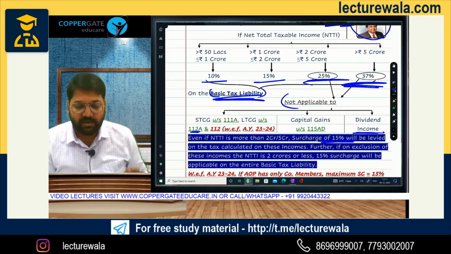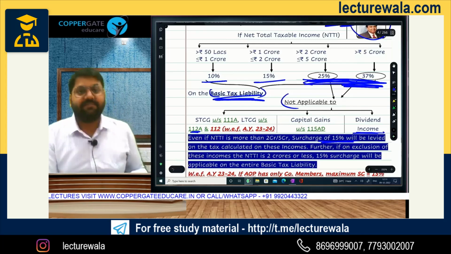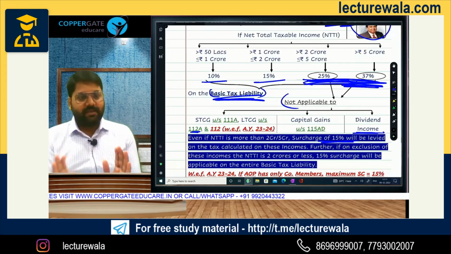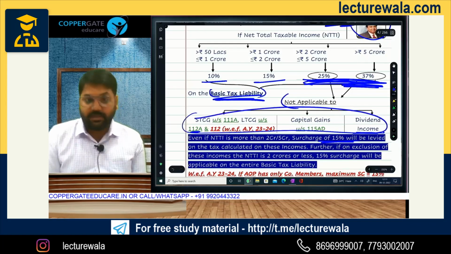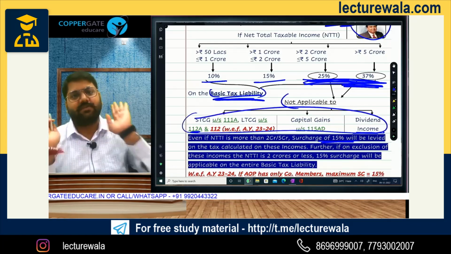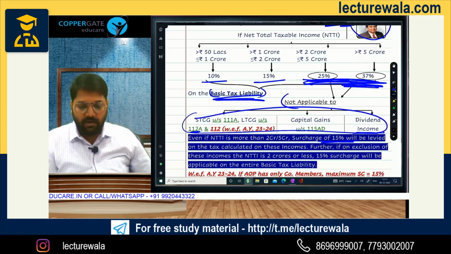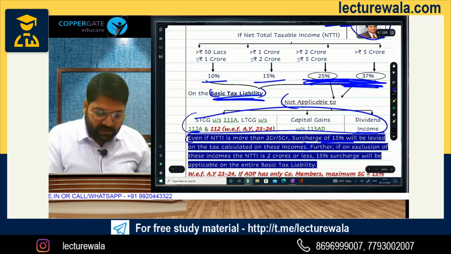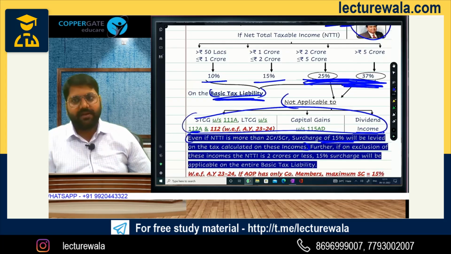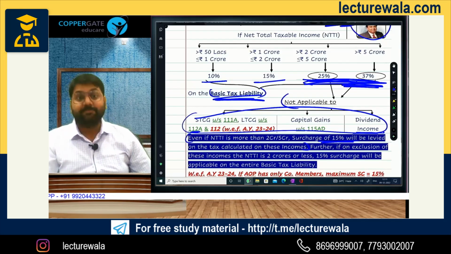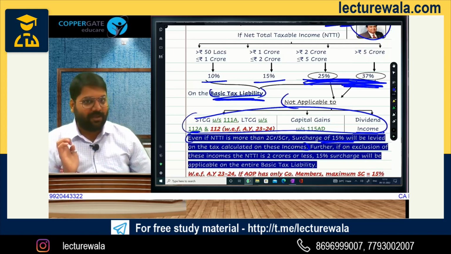That is very easy to understand. If 25 and 37 are not applicable, then whatever my total income, on the tax calculated on these incomes, not on the income but on the tax, the surcharge will be a maximum of 15%. That is the first line. Even if NTTI is more than 2 crore, surcharge of 15% will be levied on the tax calculated on these incomes, because 25 and 37 is not applicable.